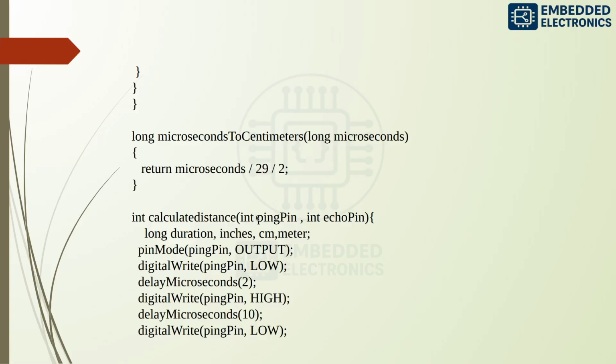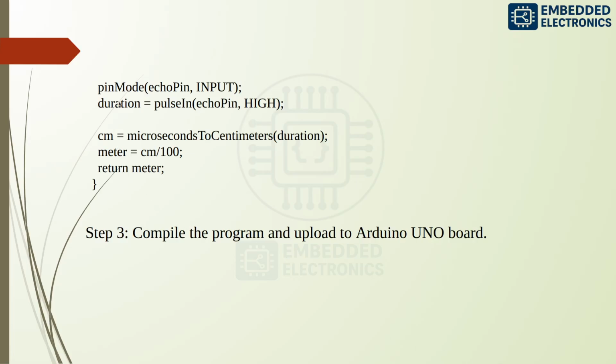int calculateDistance(int pingPin, int echoPin). This is a custom function that handles the measurement for the ultrasonic sensor. It sends a 10 microsecond pulse to the sensor. And here we use duration equals pulseIn of echoPin, HIGH. It uses the pulseIn function to wait for the sound to bounce back.